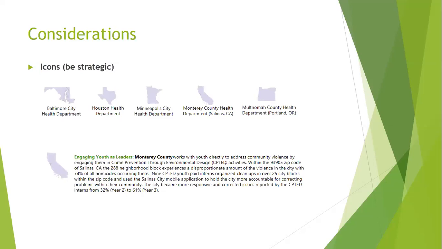These were sites, local health departments that received funding to work on a youth violence prevention grant. So rather than just stating their names, I got images of the states, and then I used those at the top of one of the one-pagers to say, these are the recipients for this program.